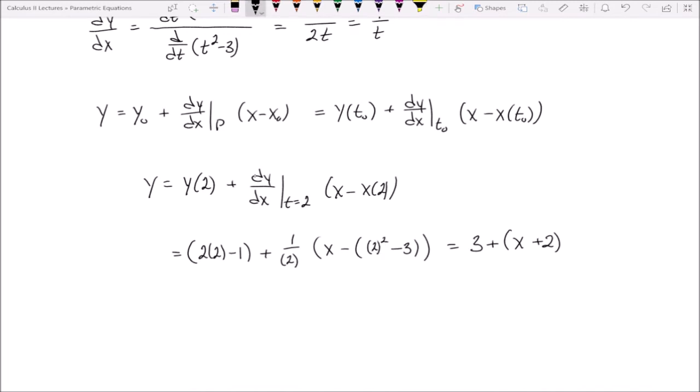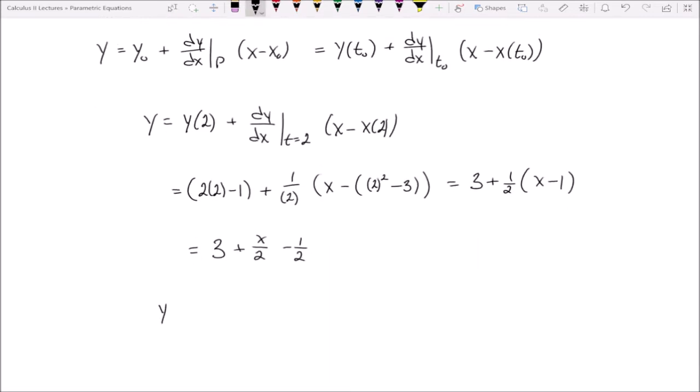All right, so let's try again. 3 plus 1 half. 4 minus 3 is 1. So what we get is y is equal to 1 half x plus 5 halves.